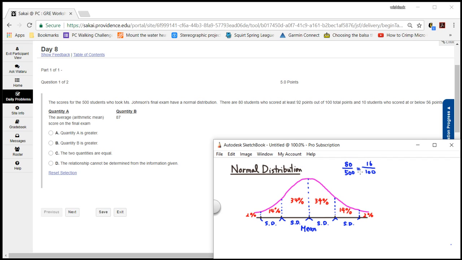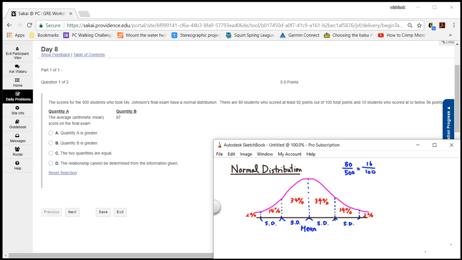So you can see that 16% is going to be 92 or above. There's a 2% and a 14%, so that's 16% there.